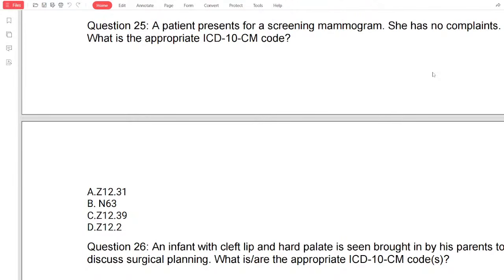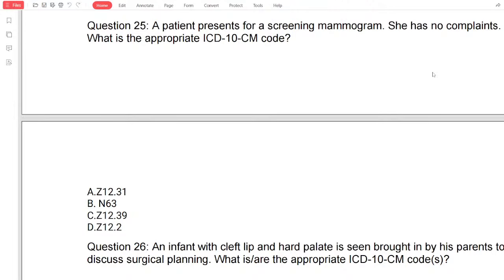Sorry, is it C? Carefully check the code. Is it D? Check the code, guys. Yeah, Akash, correct answer. Very good, dear. Option A is the correct answer, guys.